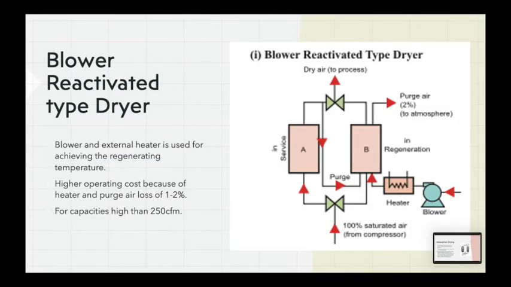In a blower reactivation type dryer, for the vessel which is in regeneration, we make two airs pass through it. One is the dried air, which is almost 1% to 2% in quantity, and the next is the air from a blower, which gets heated up, and this heated air is made to pass through the vessel which has been exhausted.